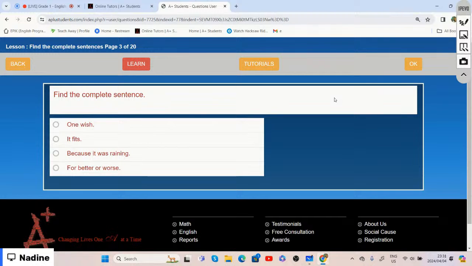All right. And if we were to choose the complete sentence, we can even say it fits, because it is our naming part and fits is our action part, right?